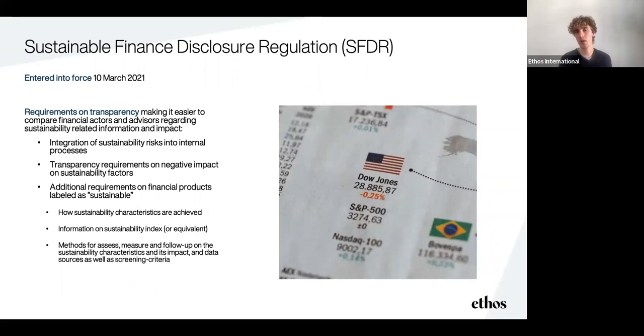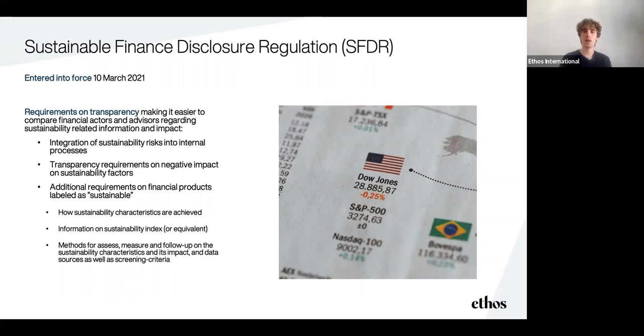Either you disclose that you are working with the negative effects from assets under management, and this is how you're doing it, or you disclose that you do not consider principal adverse impacts, and this is why you don't.